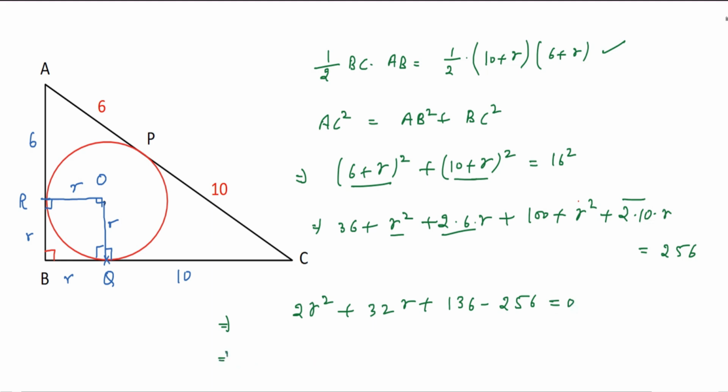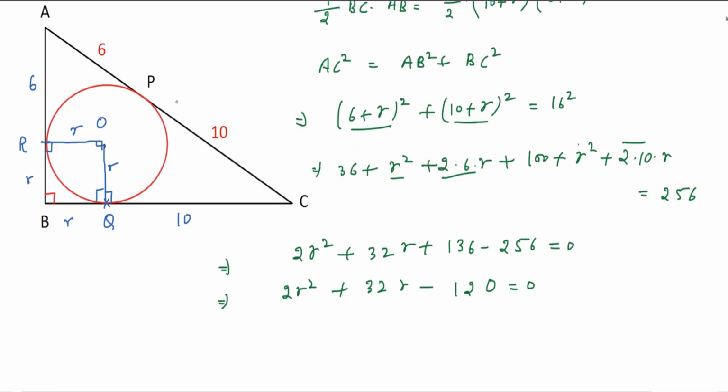So further we can write 2r square plus 32r negative 120 equal to 0. So if we divide this equation by 2, from here we can write r square positive 16r negative 60 equal to 0.